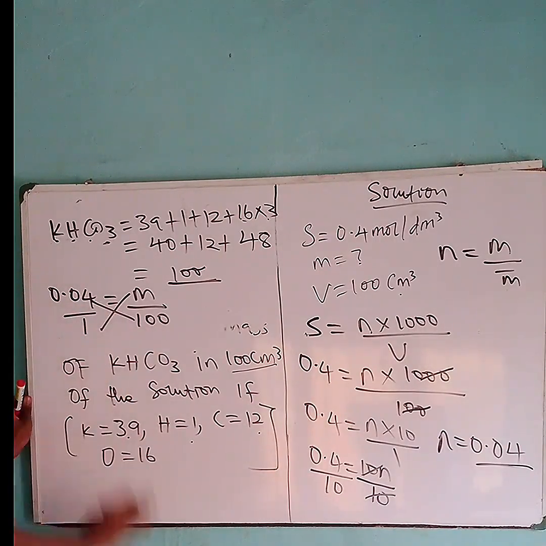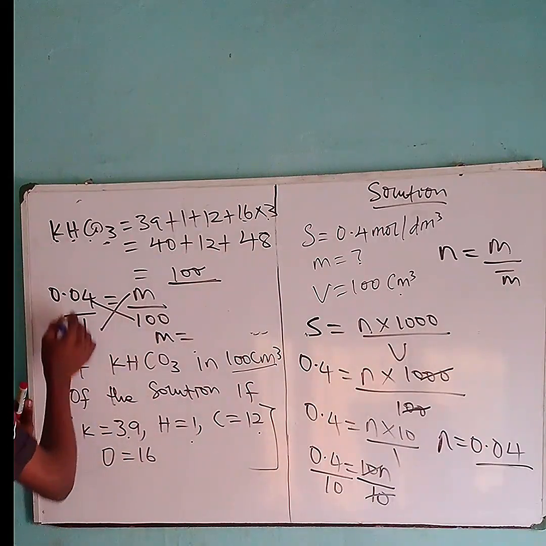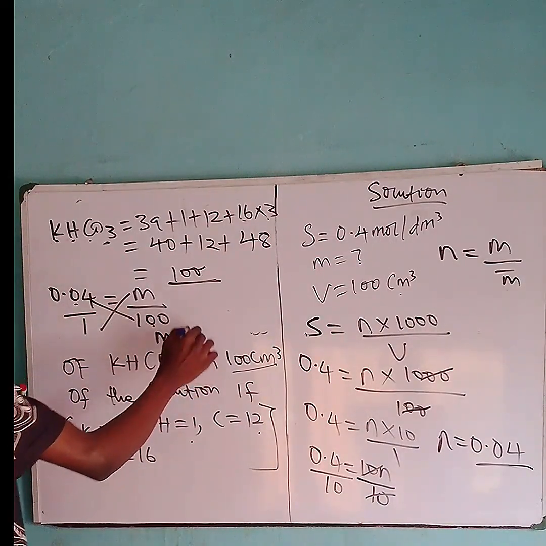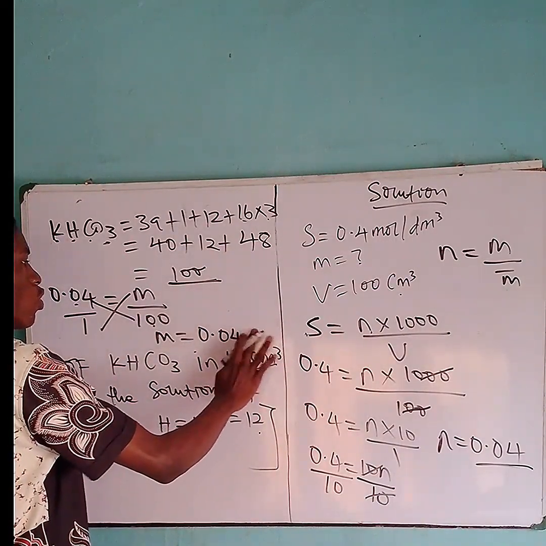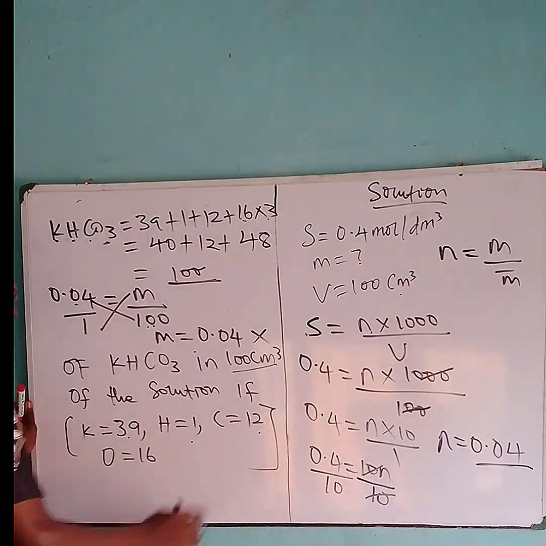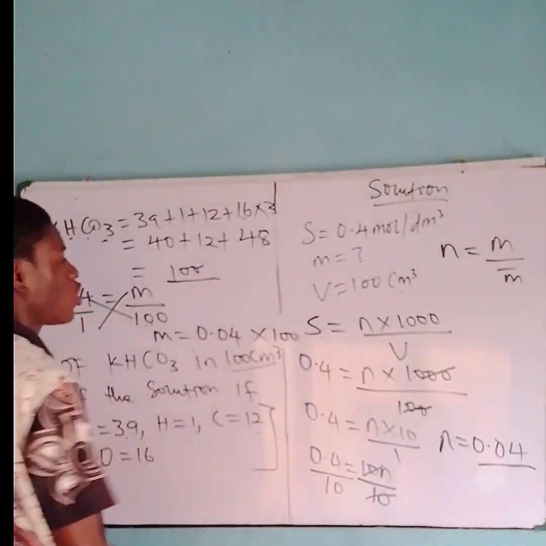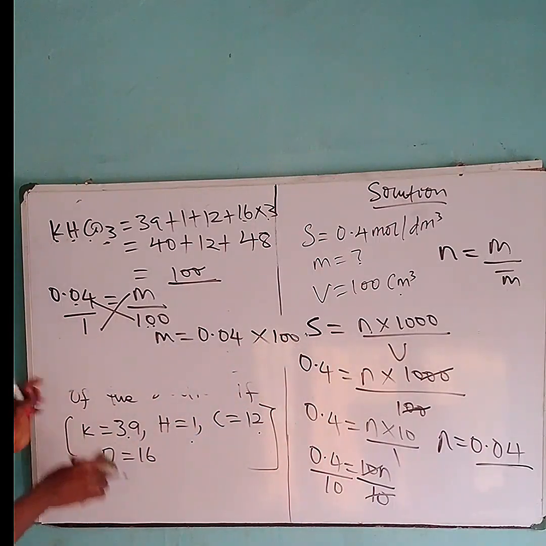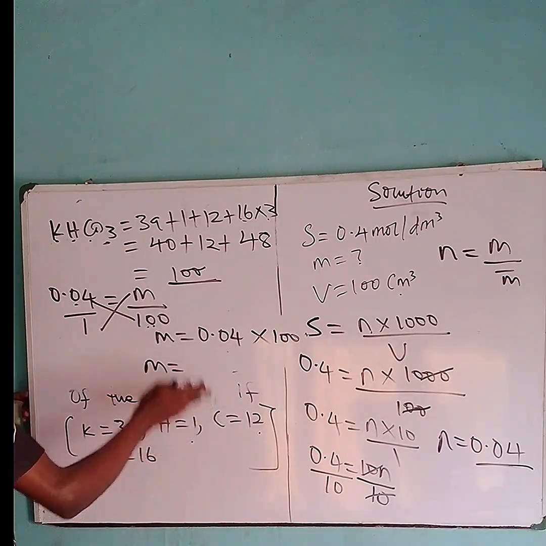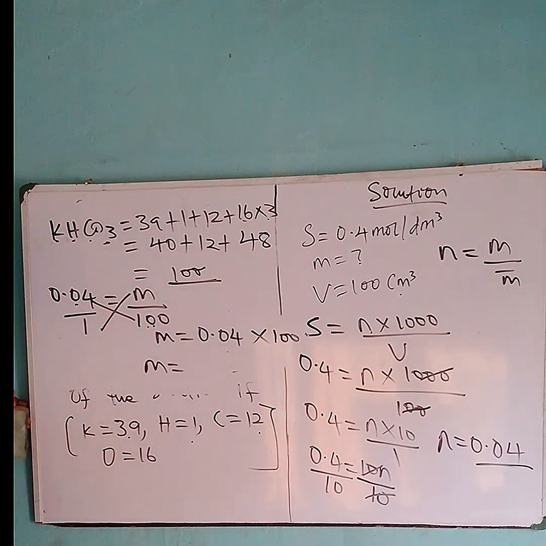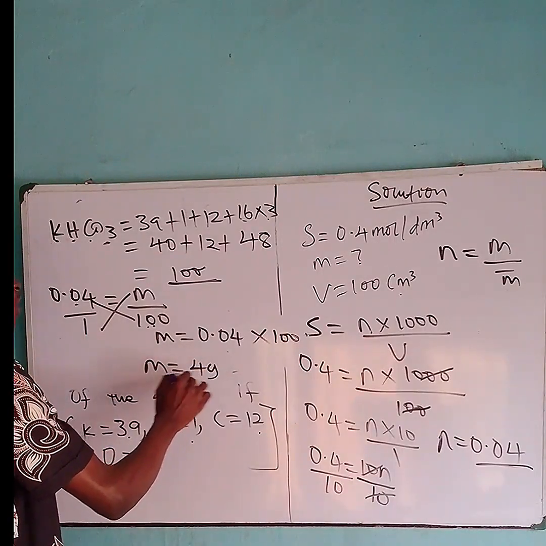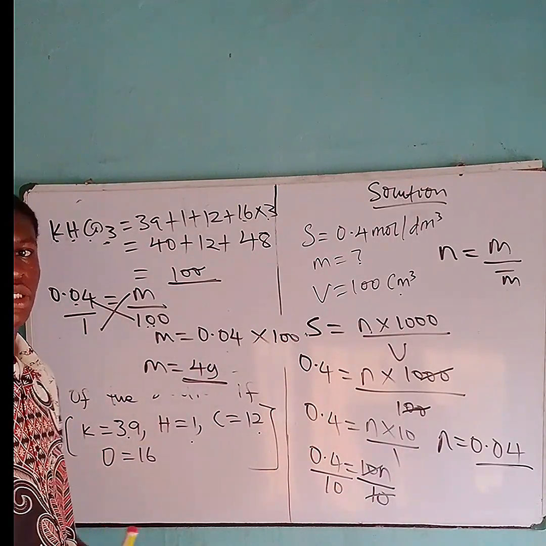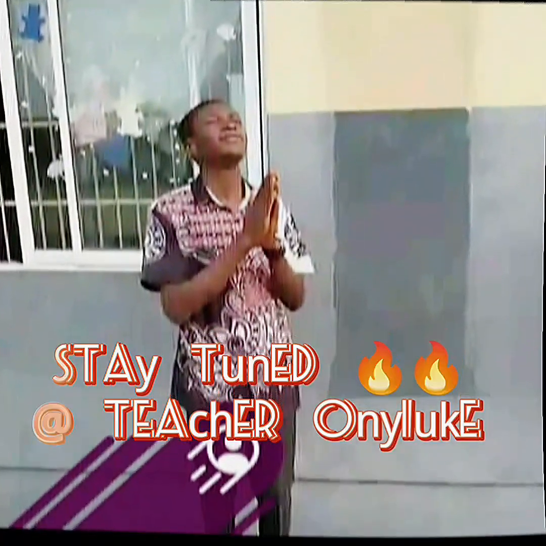When I cross multiply, mass is equal to 0.04 times 100. And when that happens, the final answer is that mass equals 0.04 times 100, giving me 4 grams. So the mass is 4 grams.